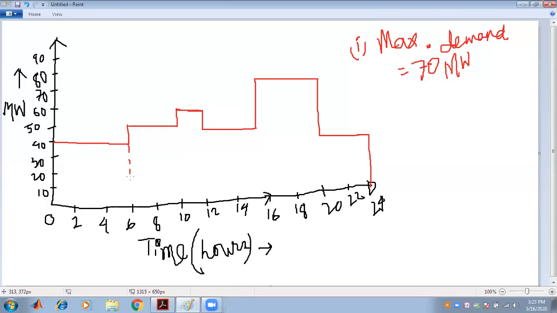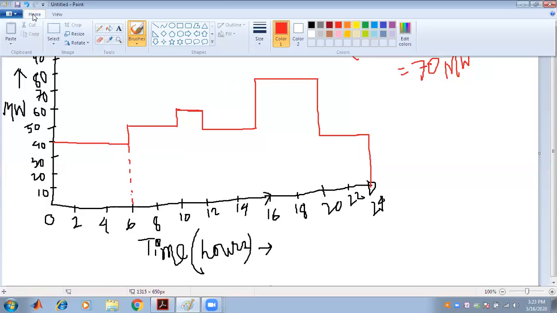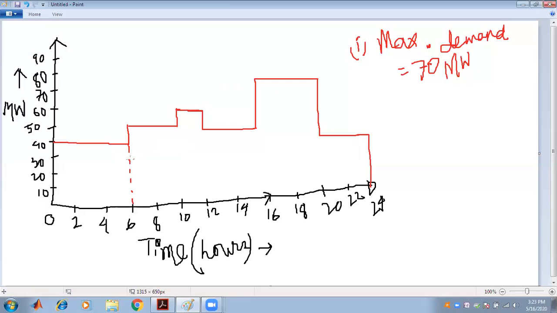What is the area for that? It means this area. It is given that the first area would be 6 into 40.